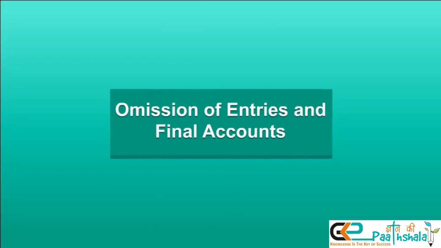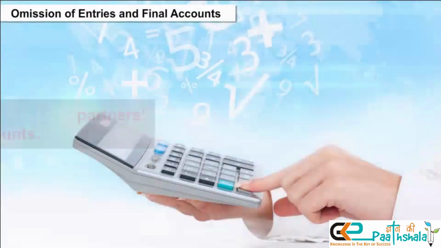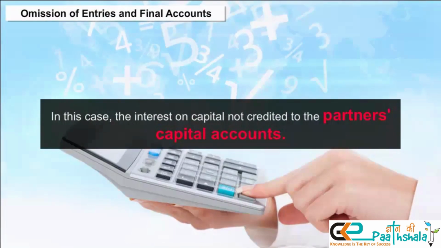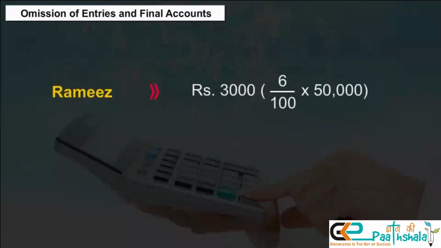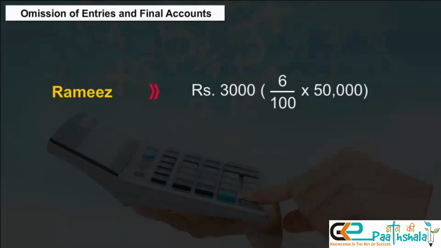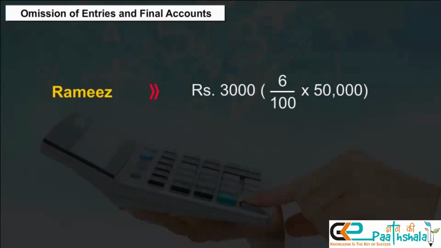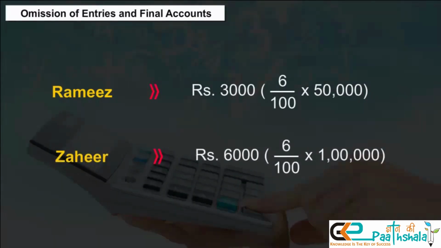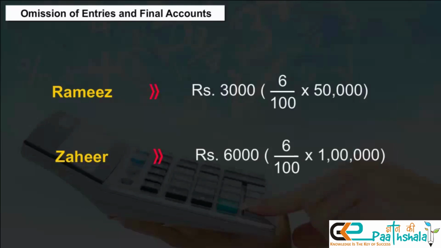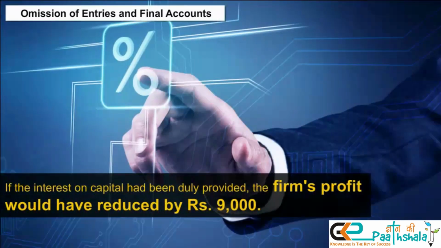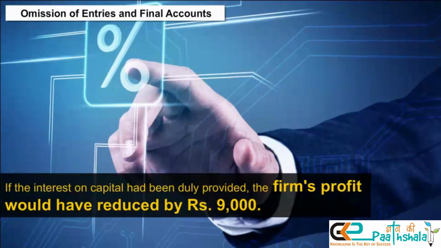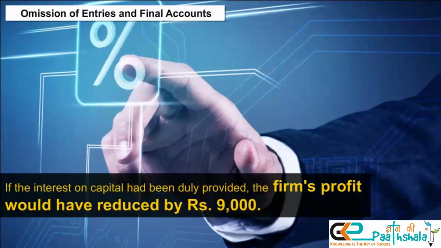Omission of entries. In this case, the interest on capital not credited to the partners' capital accounts works out to be Rs 3,000 (6 by 100 into 50,000) for Ramiz, and Rs 6,000 (6 by 100 into 1 lakh) for Zahir. If the interest on capital had been duly provided, the firm's profit would have reduced by Rs 9,000.